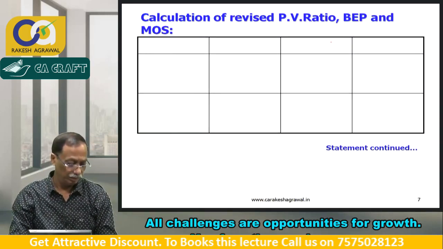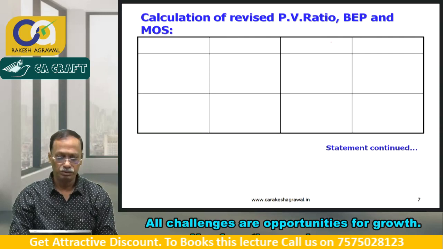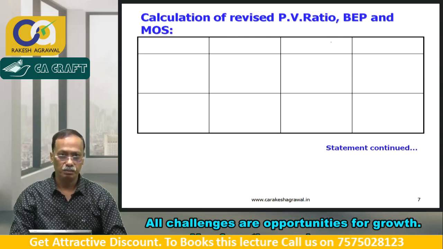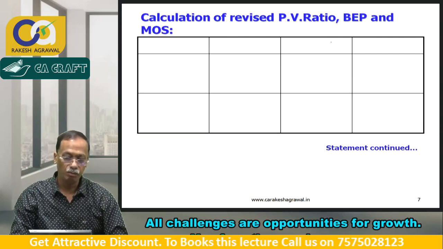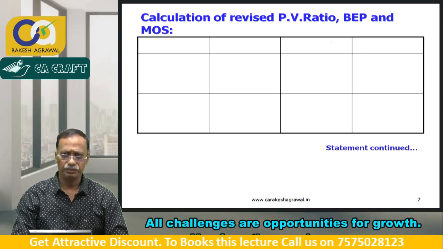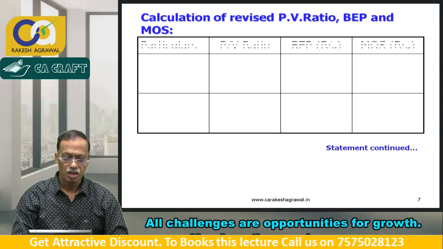Write down the heading: calculation of revised PV ratio, BEP and MOS. Total 4 columns.